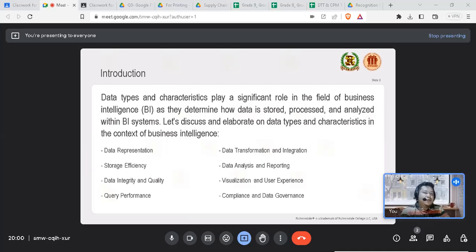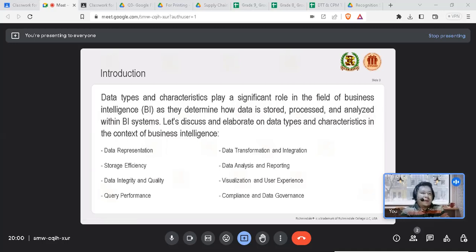Choosing the right data types can improve query performance by enabling efficient indexing and reducing the need for data conversions during query execution. Properly indexing date or numeric columns can significantly enhance query speed.